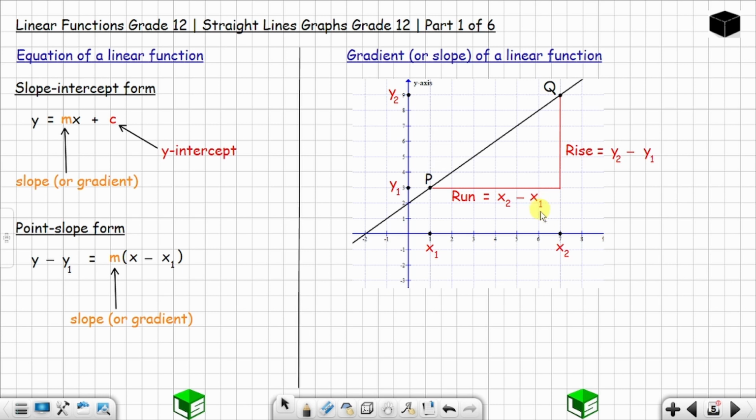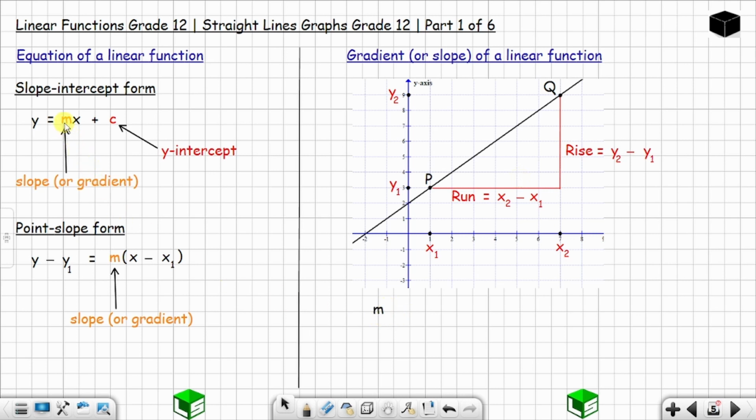If you have values, as in this case, your run will be 7 minus 1, and your rise will be 9 minus 3. So you have your change in the y and your change in the x. For the gradient or the slope, we use the letter m.